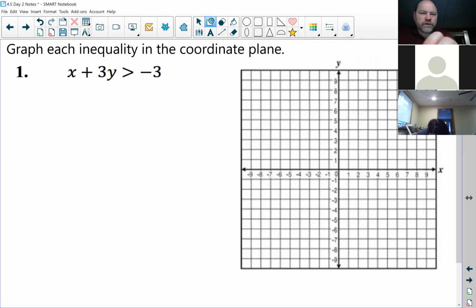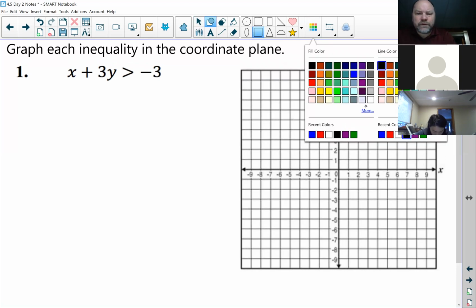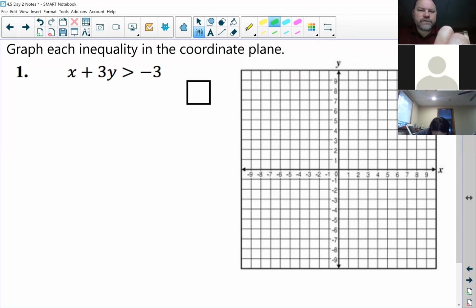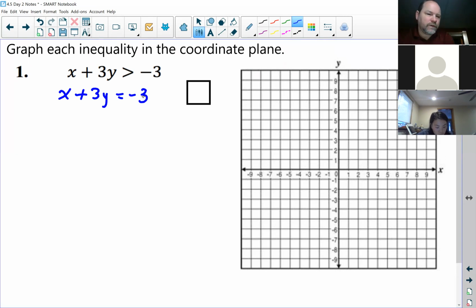So we're going to cover up and find the intercepts. So again, I think of this as x plus 3y equals -3 to get my boundary line. Find my x-intercept.